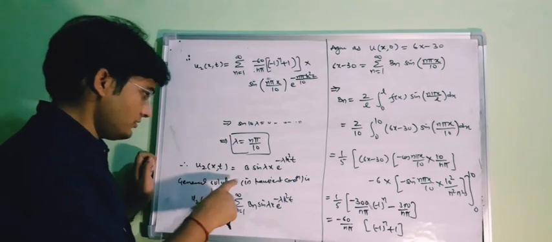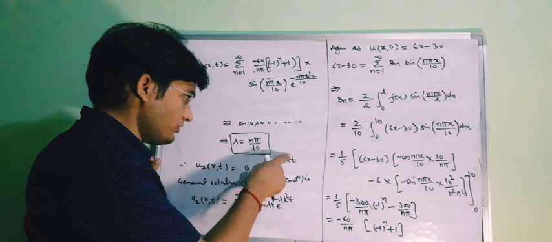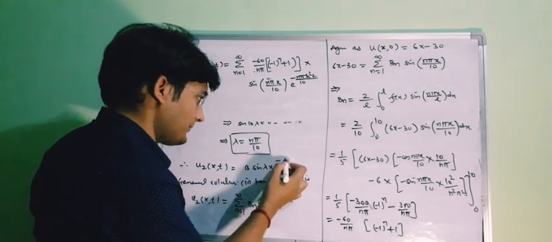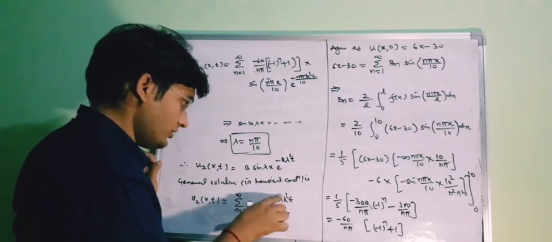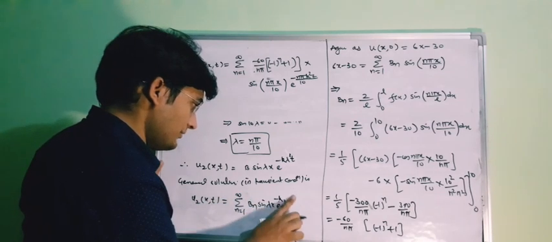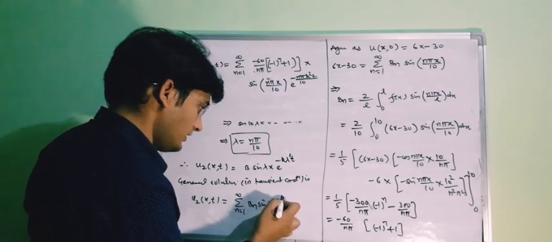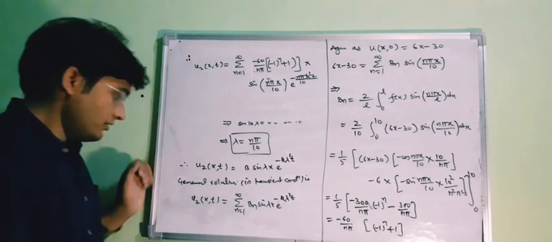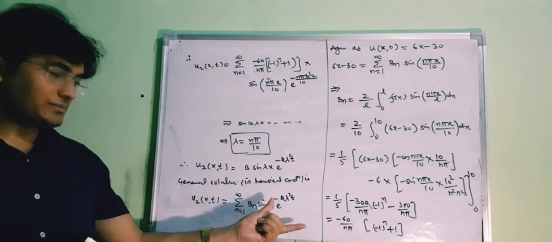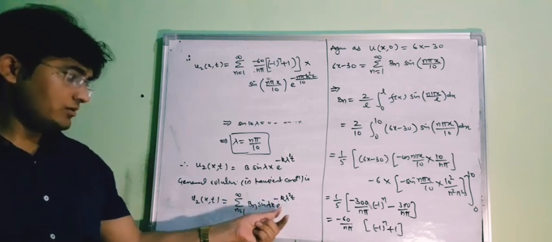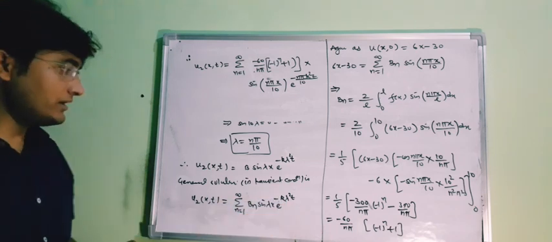I think this is not the right solution. This will be k lambda square t. Because the solution is a cos lambda x plus b sin lambda x into e to power minus k lambda square t.